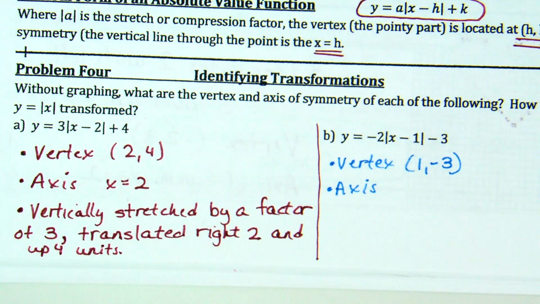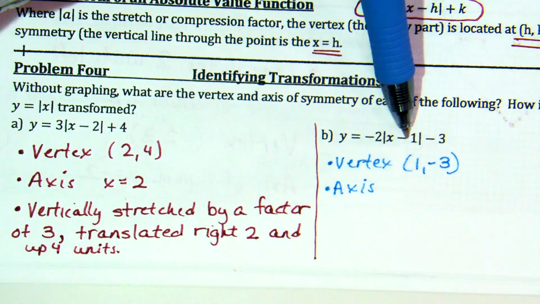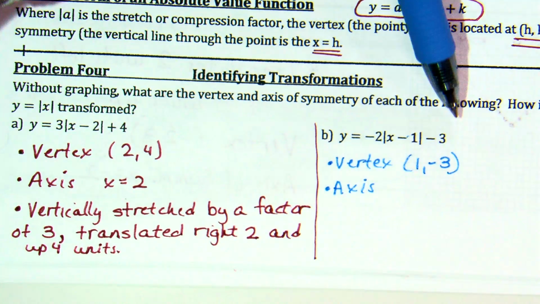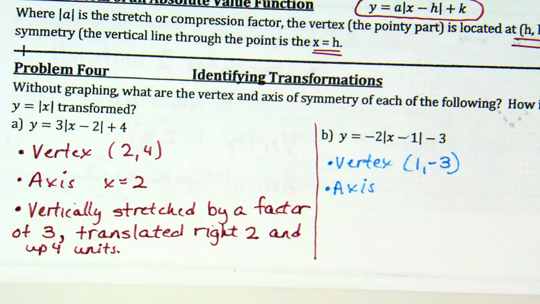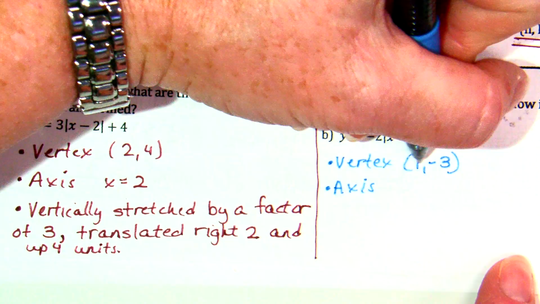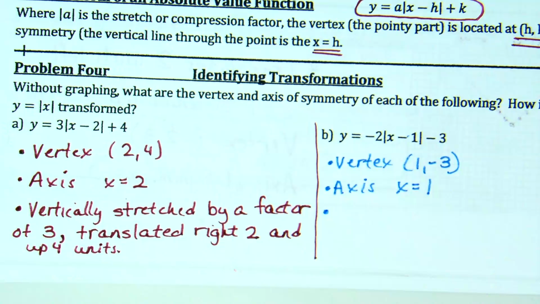Do you see how that agrees with h, k? It's opposite this sign right here, and it's using this whole number right here. If my vertex is 1, -3, what's my axis of symmetry? Okay, it's the first value, the x value, so x equals 1. And then it's writing down all the pieces we already said. Did you get it? Yeah.